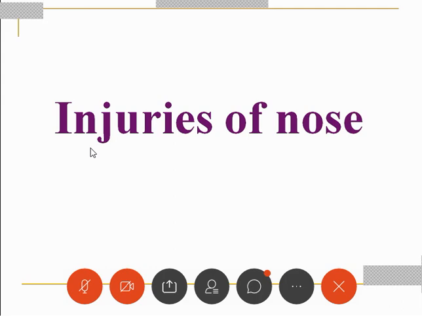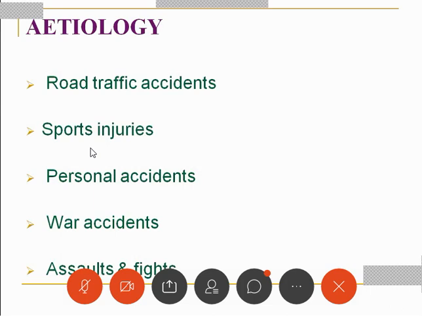Now we come to the injuries of the nose. Injuries of the nose also come into the category of external nasal pyramid diseases, besides the inflammatory diseases which we have discussed previously. The nose can get injured in many ways, as the nose is the most prominent part of the face.